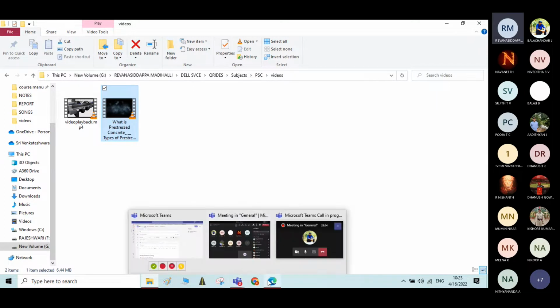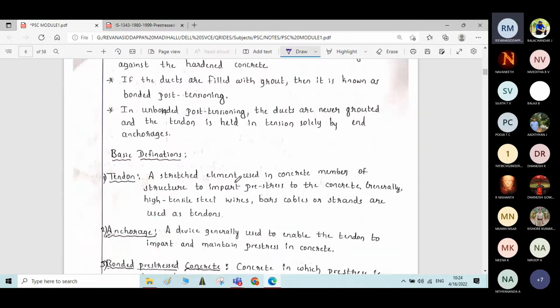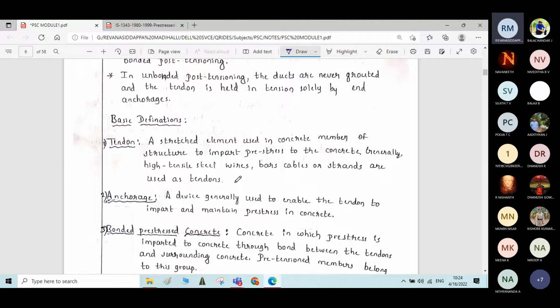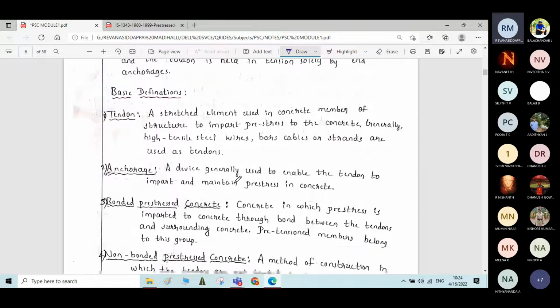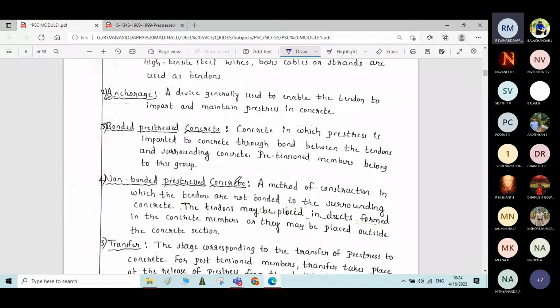I hope you got some idea about the concept of pre-stressing, the pre-tensioning system and the post-tensioning system. There are a few basic definitions which you need to understand for learning prestressed concrete. It is like a prerequisite.